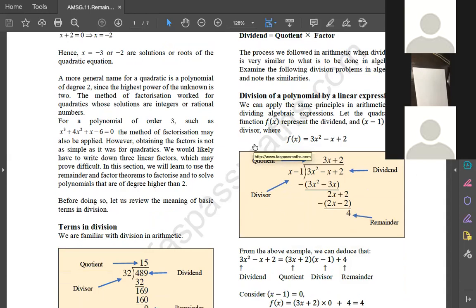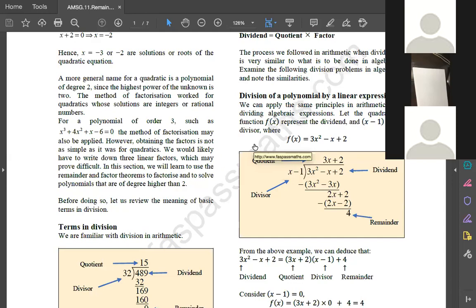Then we have numbers raised to the power 4 and 5. When you put them together, the general name we give to these is polynomial. Poly means more. So that is the general name given to polynomials.